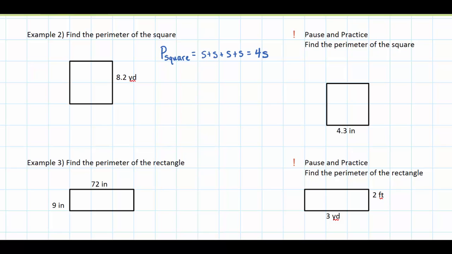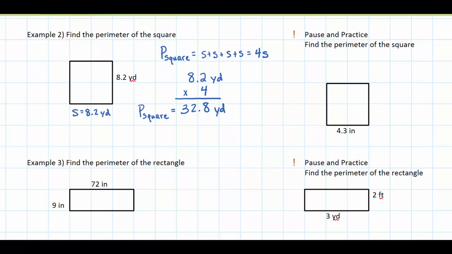So we're going to multiply 8.2 yards by 4. So this gives us a perimeter of 32.8 yards, or 32 8/10 yards.